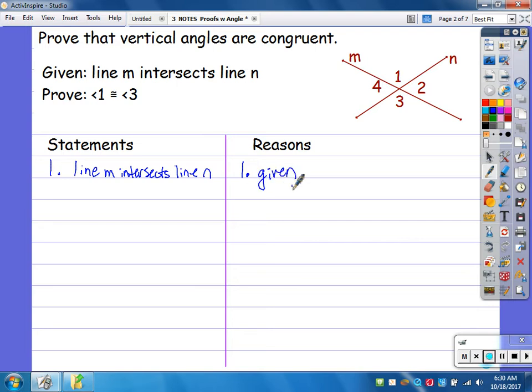All right, every single proof that you do, that's going to be the first step. Okay, so even if you're not sure what else to write down, you can always write down the given. So statement 1 is always going to be the given.